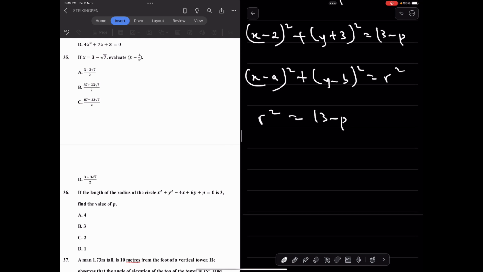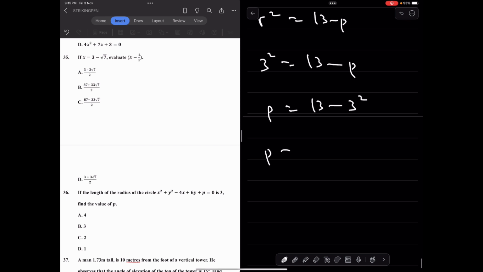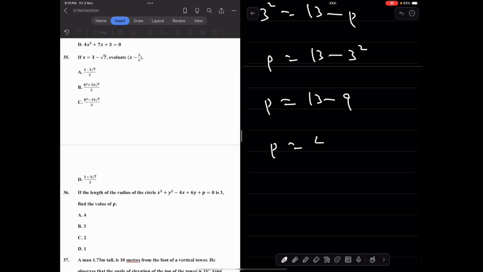And we already know r is 3. That means 3 squared is 13 minus p, which means p equals 13 minus 3 squared. And that's the same as p equals 13 minus 9, which means p equals 4.